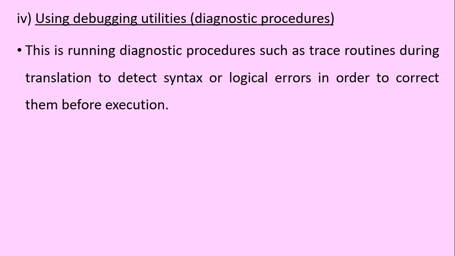Number 4 is using debugging utilities, or what we call the diagnostic procedures. This is running diagnostic procedures such as trace routines during translation in order to detect syntax or logical errors in order to correct them before execution.